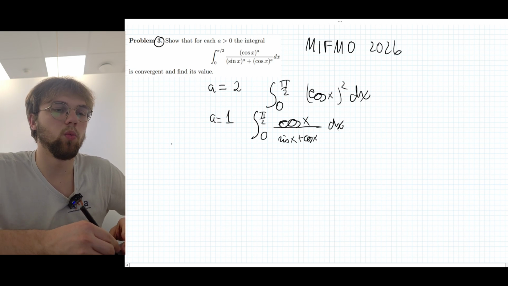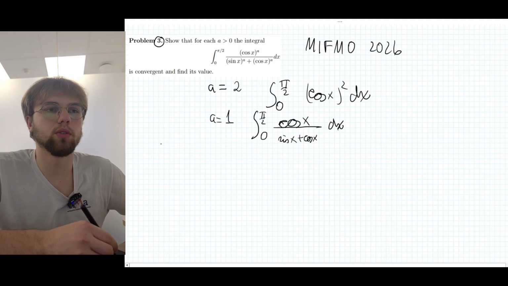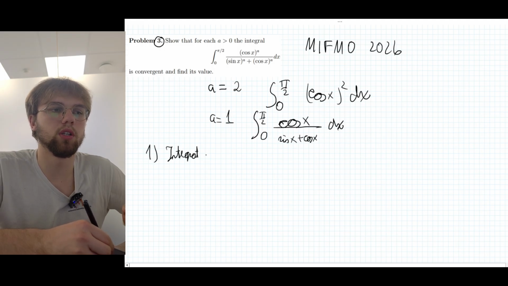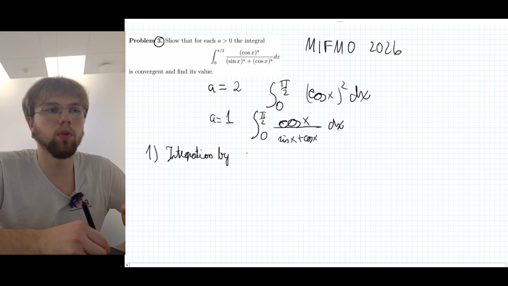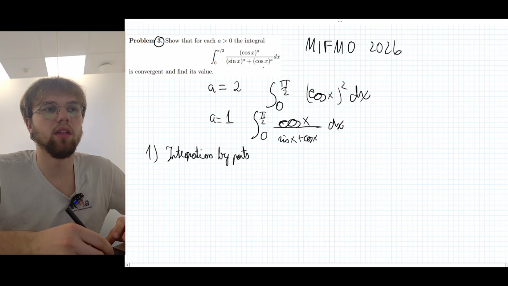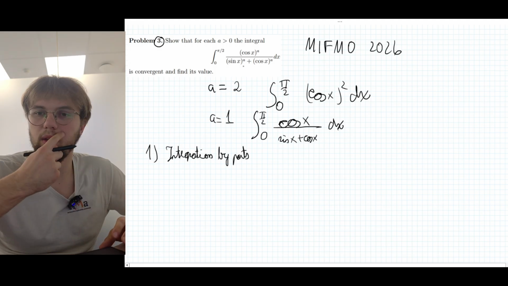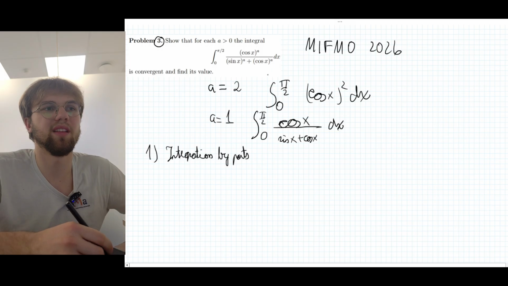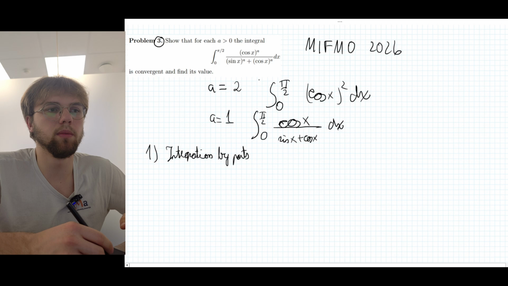So then, what are the most common tricks with integrals? Well, the first one is, of course, integration by parts. Well, of course, before integration by parts is just guessing the mother function, but that doesn't seem likely here because it doesn't seem that simple.